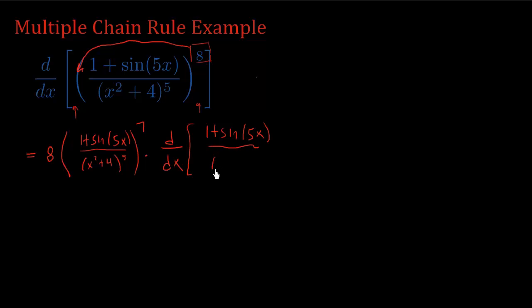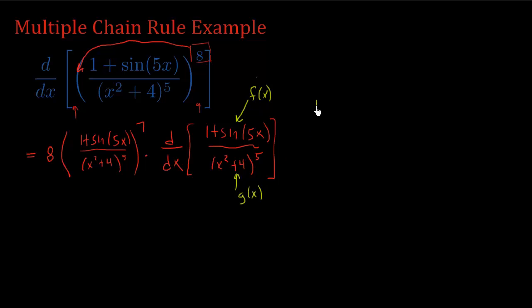So now you're going to have to differentiate this quotient. What we're going to do is call the numerator piece f of x and the denominator piece g of x.